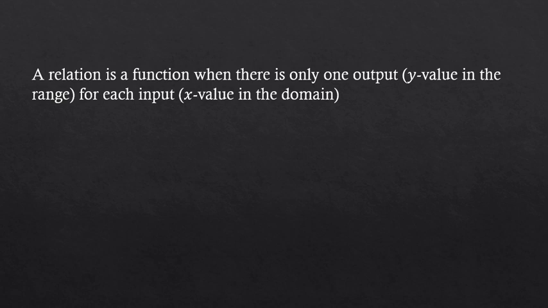Basically, a relation is a function when one input only leads to one distinct output. If you have one input that gives you two different outputs, then that is not a function.